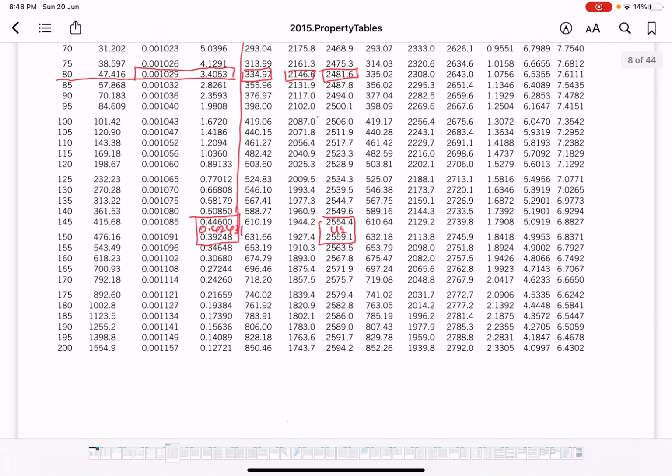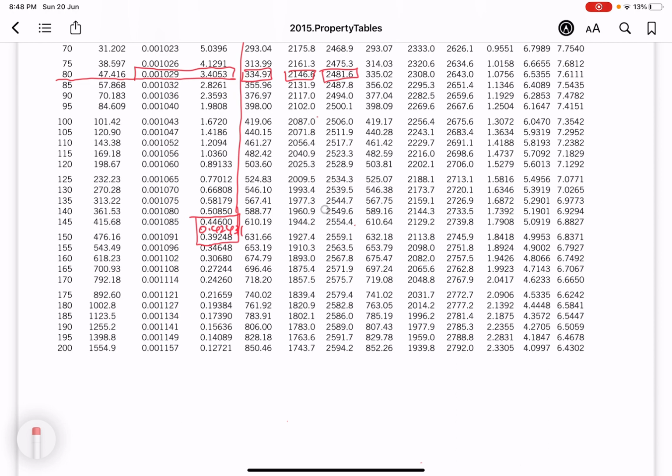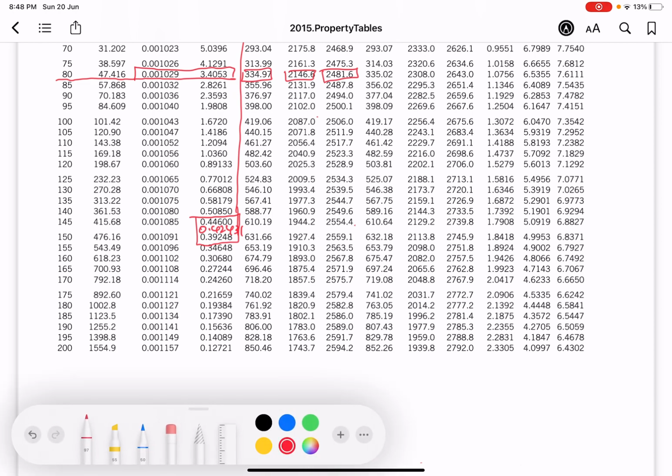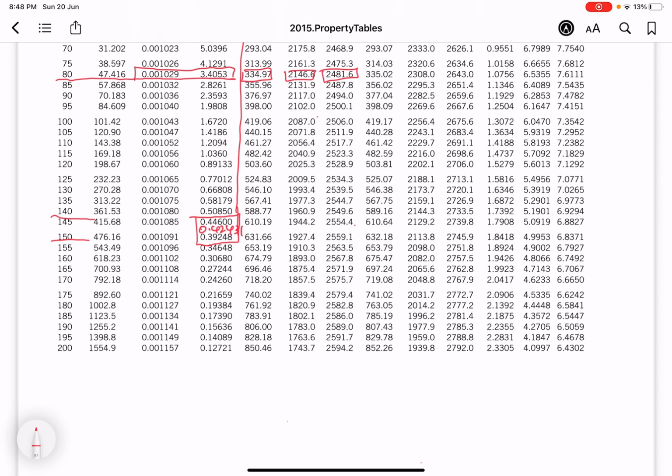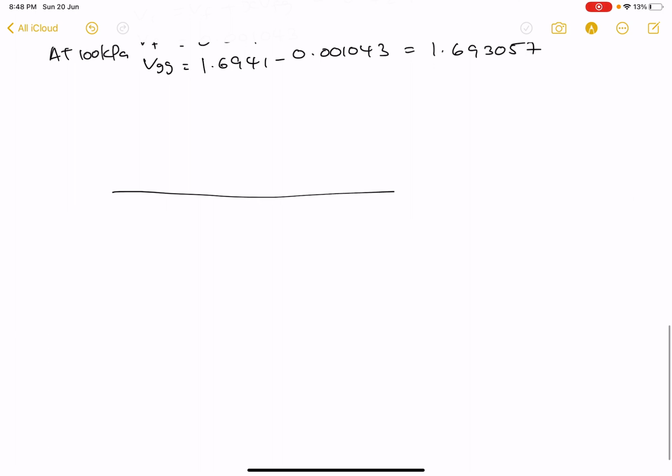So that is in between 145 and 150. You want to find the S value here and here. The S value should be Sg, because v is vg. So 6.8827.